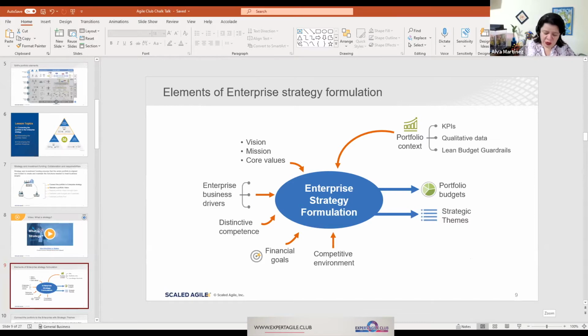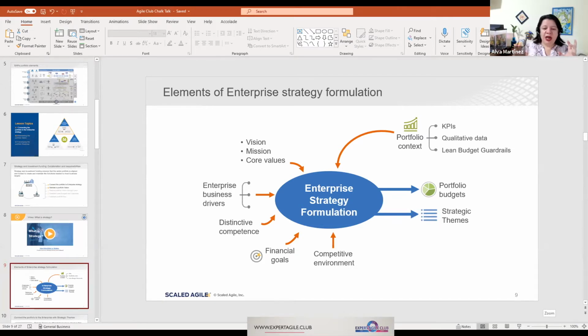I'm showing you right now the elements that define SAFe for formulating a strategy. If you can see the picture again: inputs, outputs.